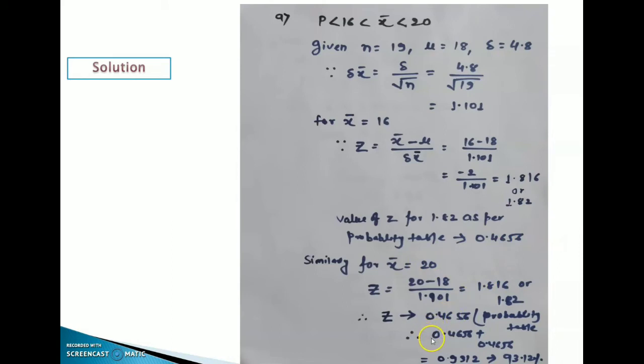Hence, to get the answer, we add both 0.4656 and 0.4656 for x bar 16 and x bar 20 respectively. We get 0.9312. So the final answer is 93.12. This is the whole calculation for A.